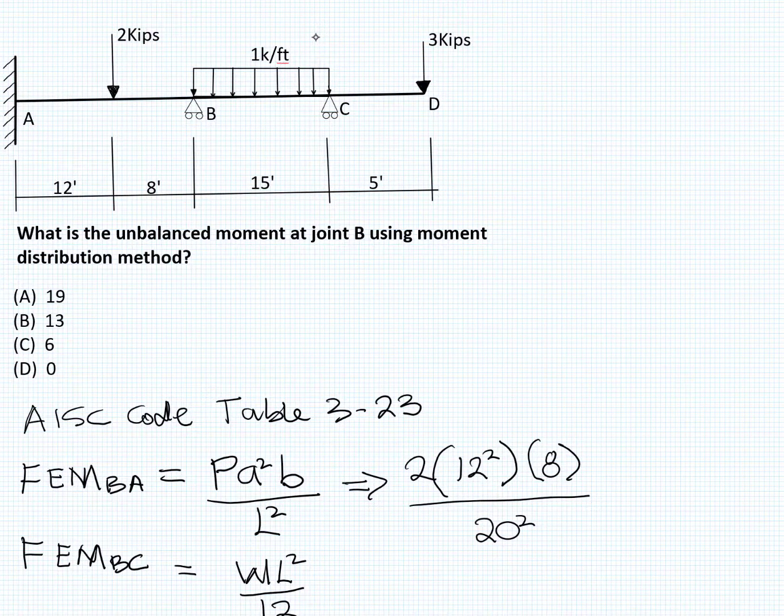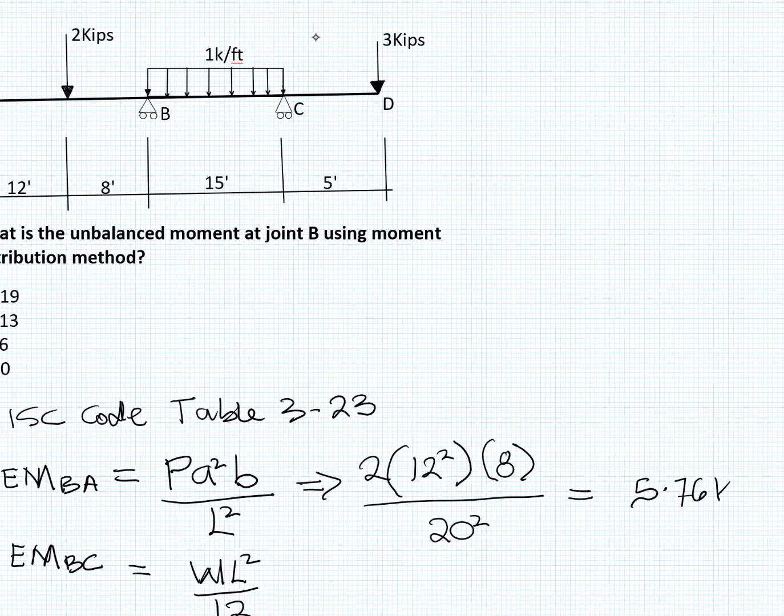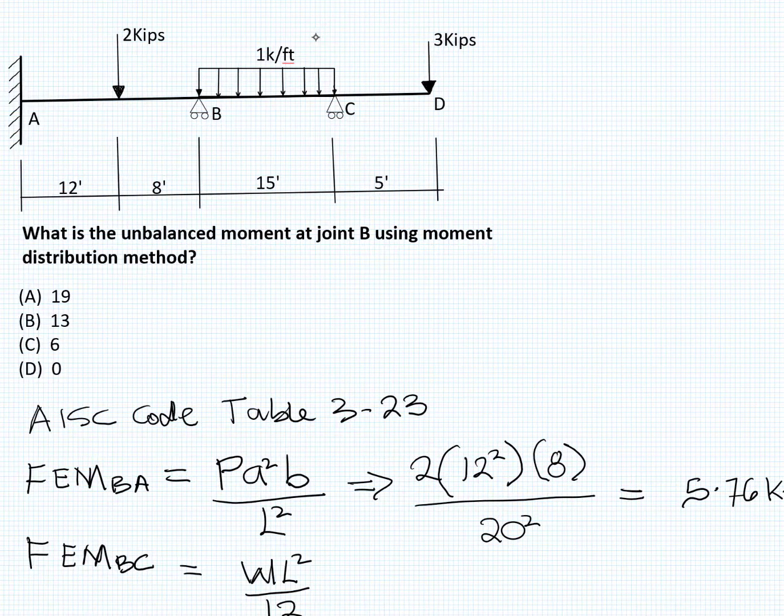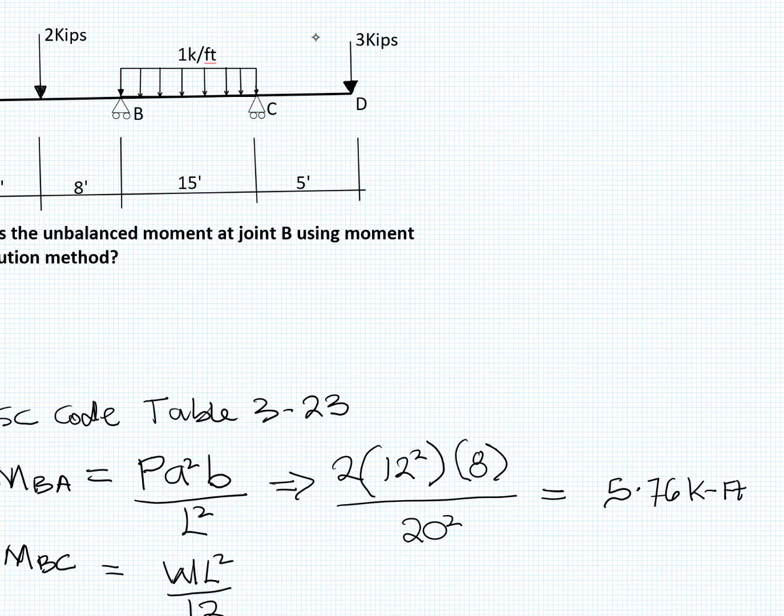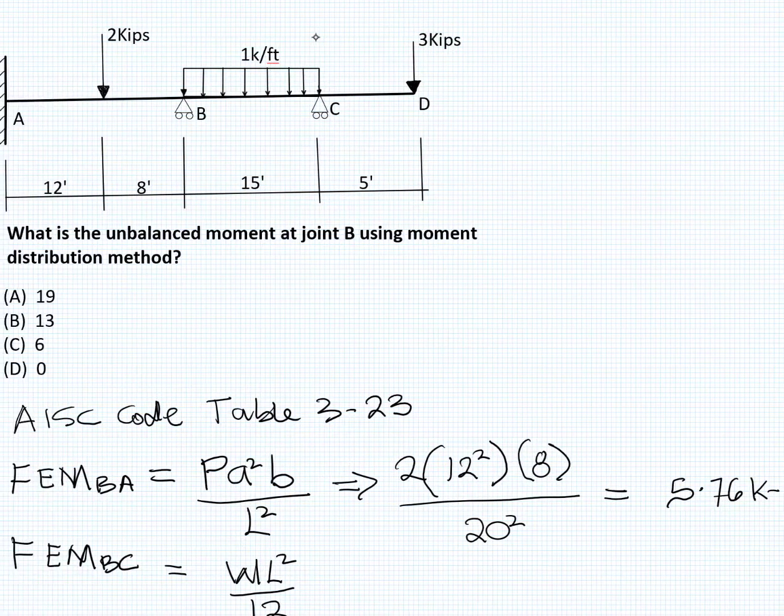When you do this calculation, you get 5.76 kip feet. Don't forget, we are dealing with moment, so the unit is kip feet or kip inches. In this case, it's kip feet.